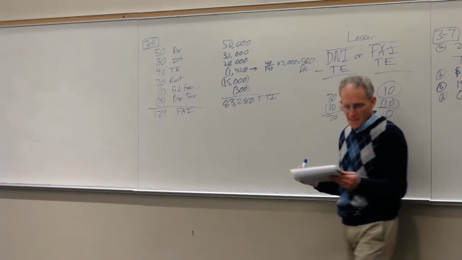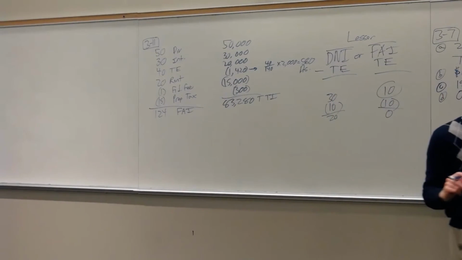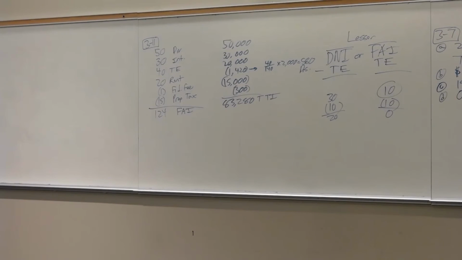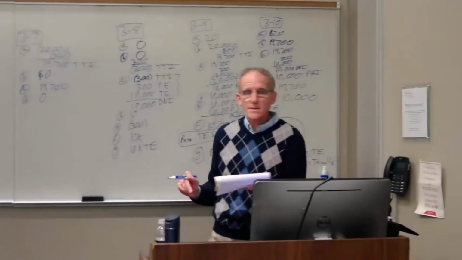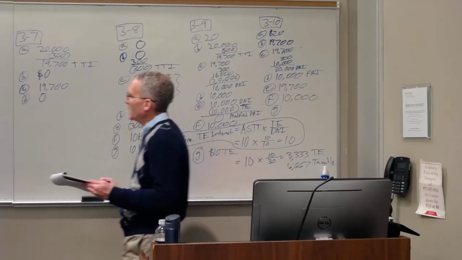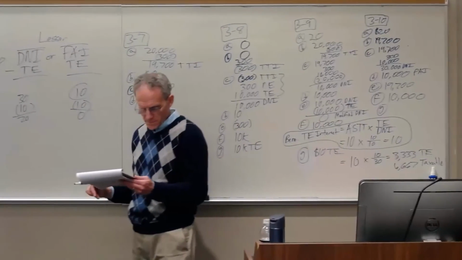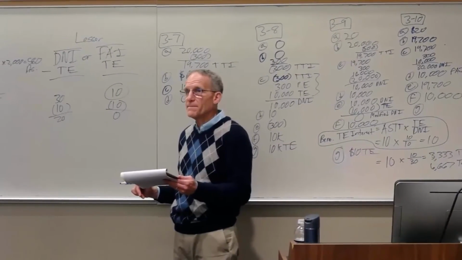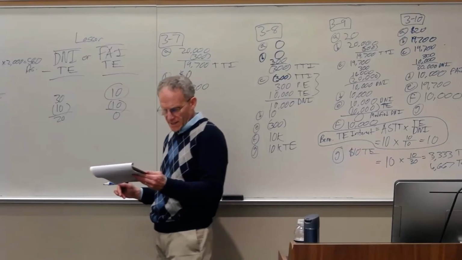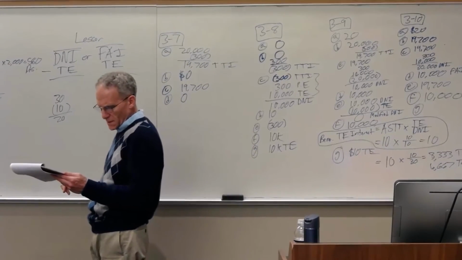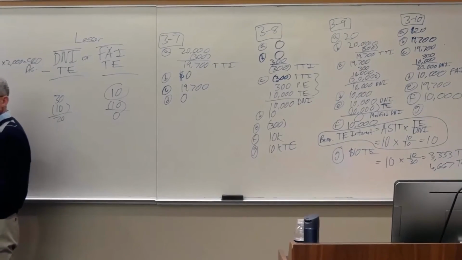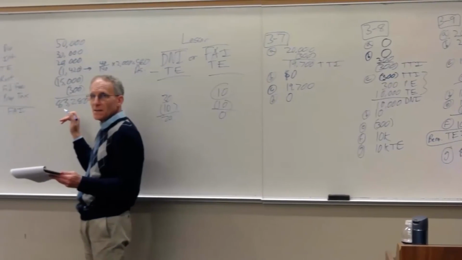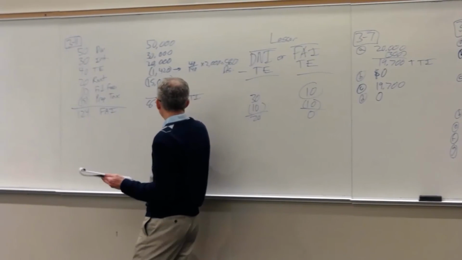What's our DNI? What's the DNI here? 140. Say again? 140. How'd you get that? What do we have to add back to figure out DNI? Your exemption. Let's add back the exemption.